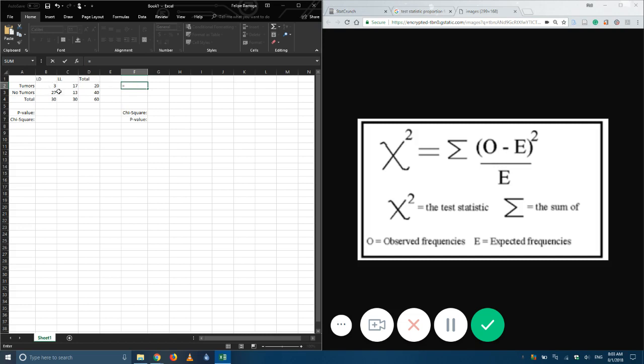Say I wanted to find the expected value for this guy right here. I will take its row sum, which is this value, multiply that by its column sum, and then divide by the entire total, which is this right here. All right? And I have to do that for each of these values. If I wanted to do it for this one right here, I would do its row sum multiplied by its column sum, so it's in this column, so now it's this value, and then divide that by the total.